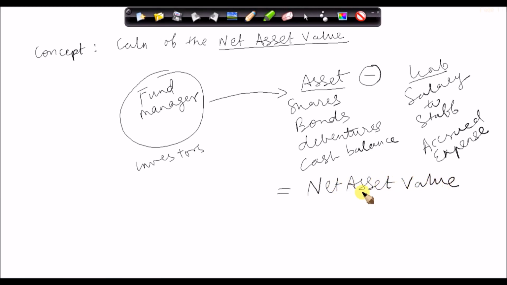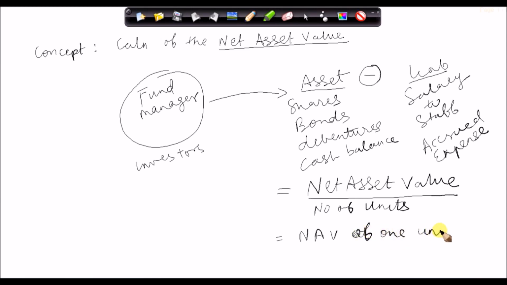And this net asset value I am going to divide by the number of units. So what I am going to get, my friends, is the net asset value of 1 unit of mutual fund.